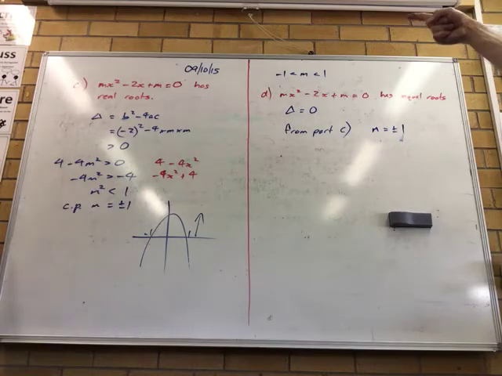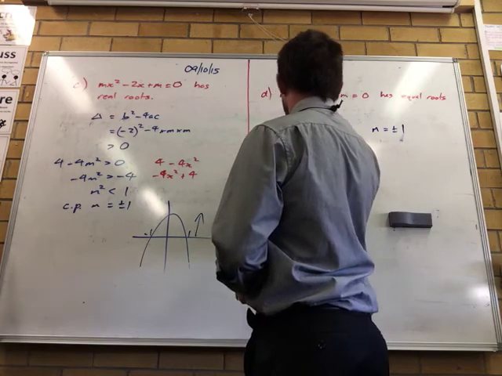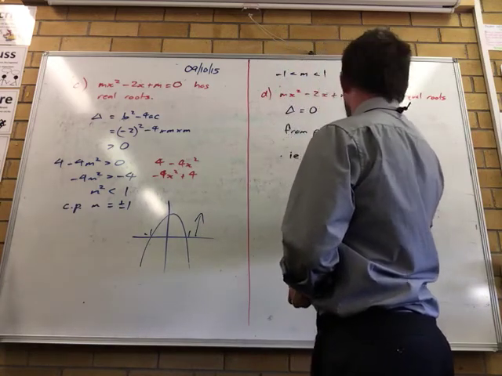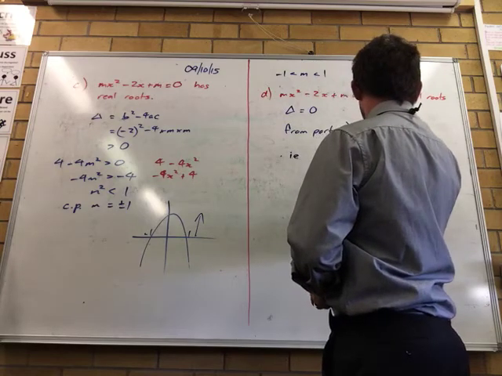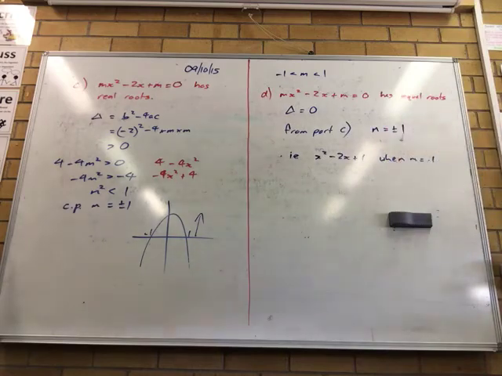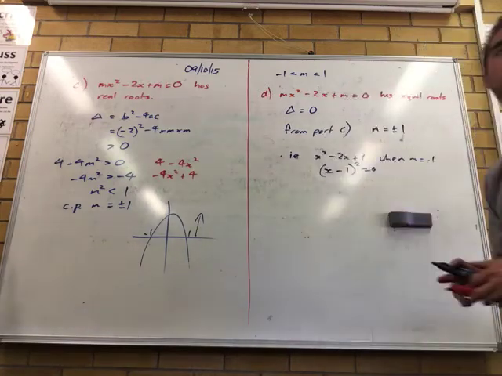If I substitute that back into the original parabola, i.e. x squared minus 2x plus 1 when m is positive 1, we can factorise that to the perfect square. So x take away 1, all squared, is 0. We've got one root there.